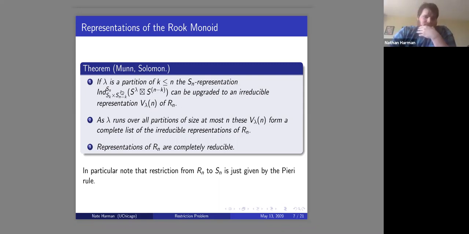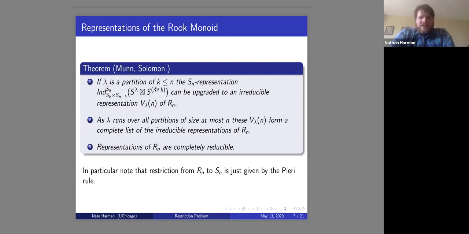Right. So if I look at this as a representation of Sn, if I look at inductions of this form where I'm inducing up from a product of Sk times Sn minus k, and my first partition is this lambda that we care about, and the second one is the trivial representation, it's a horizontal strip. In general, the multiplicities for these inductions are governed by Littlewood-Richardson coefficients.